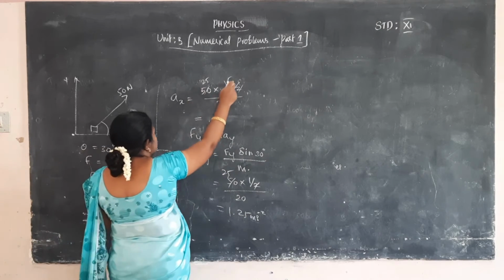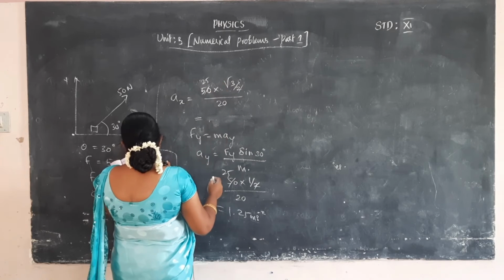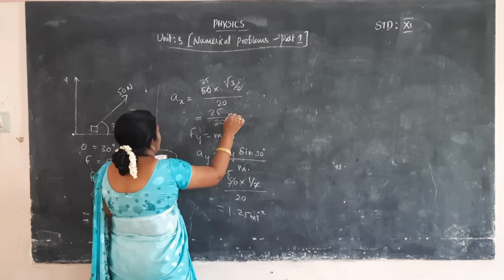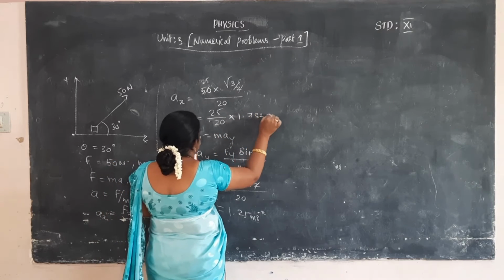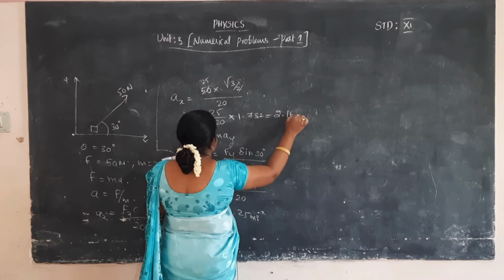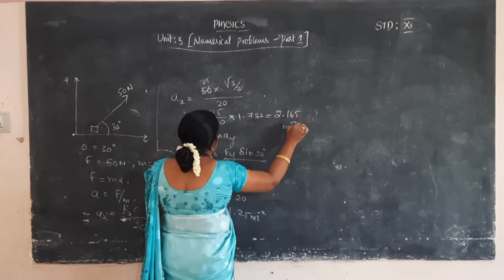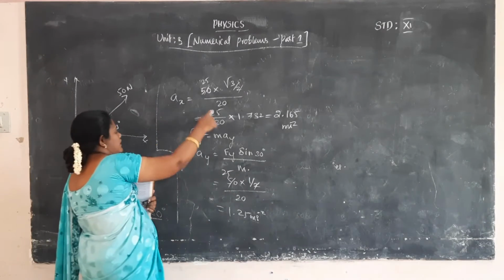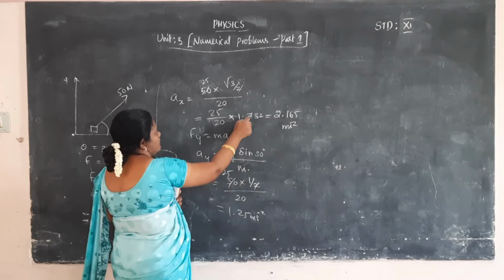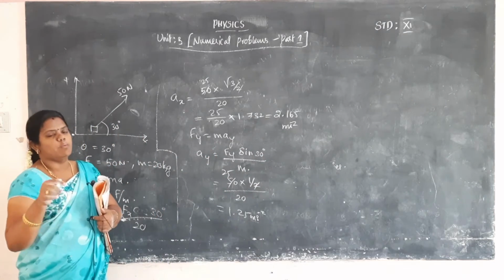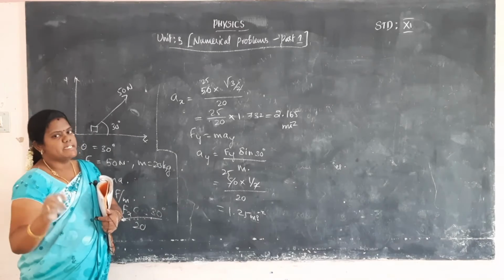We need 25 by 20 into 1.732. So 25 by 20 into 1.732 is equal to 2.165 meter per second square. Not 1.25, ma'am. So 25 by 20 is already 1.25, into 1.732, is equal to 2.165 meter per second square.